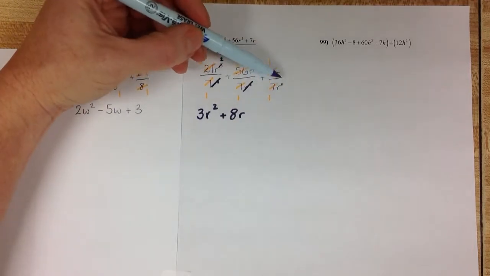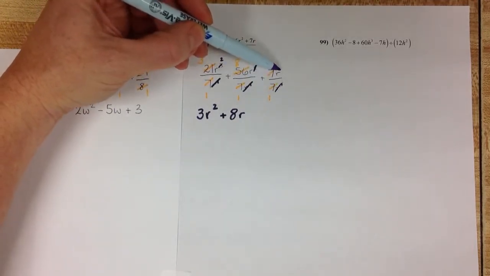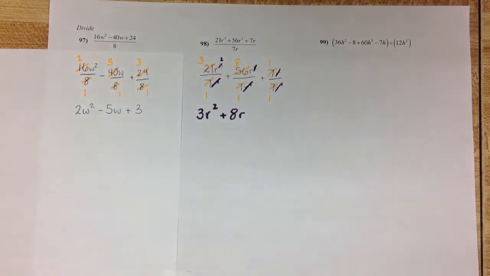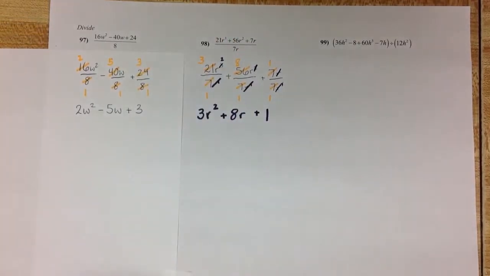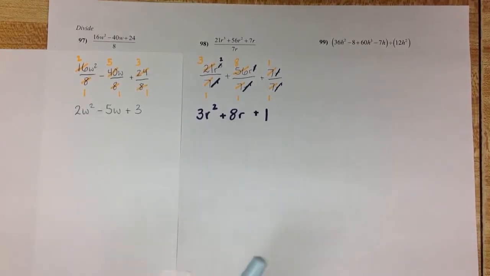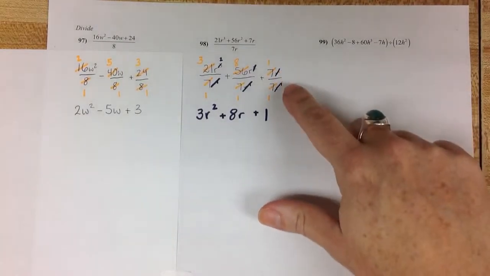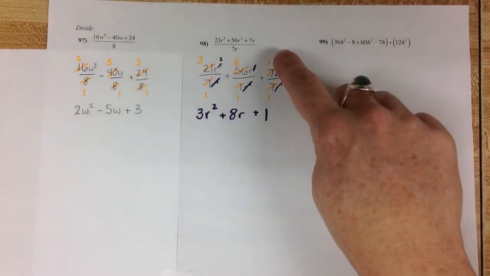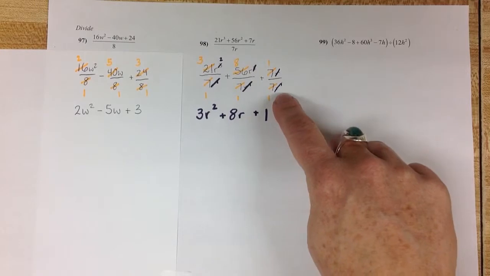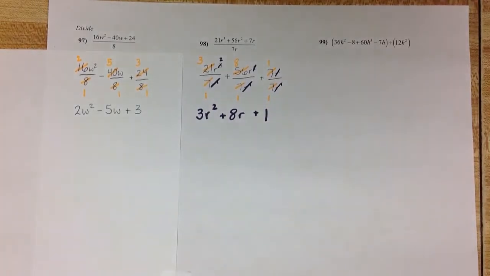And in our last term, an r divided by an r also reduces down to just 1. So our final term in this answer is 1. Do make sure that when you have 7r over 7r that it doesn't turn into a 0. Because remember, any fraction where the top and the bottom is the same reduces to 1, not to 0.